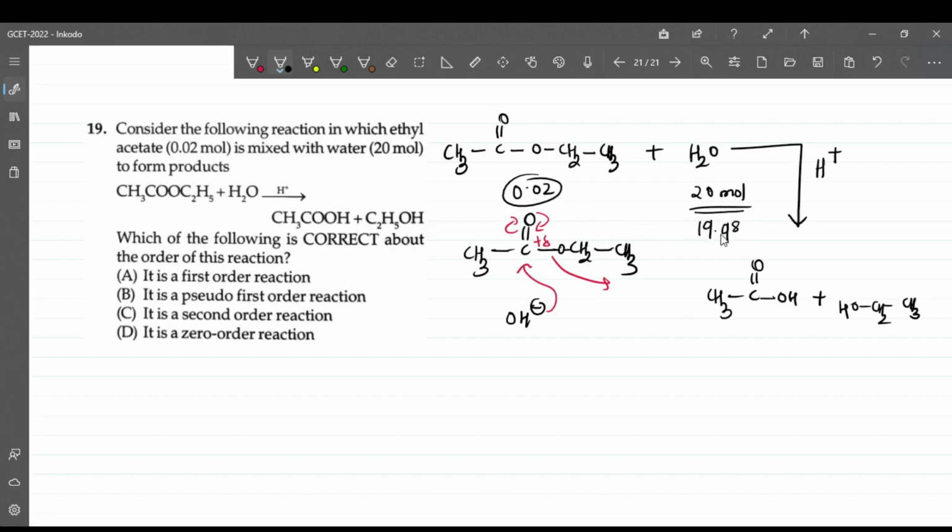Only this much is utilized. So 19.98 is as good as there is no change in the concentration of the reactant.